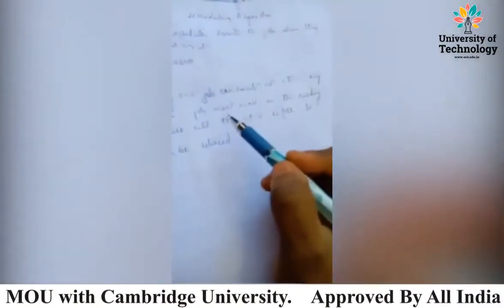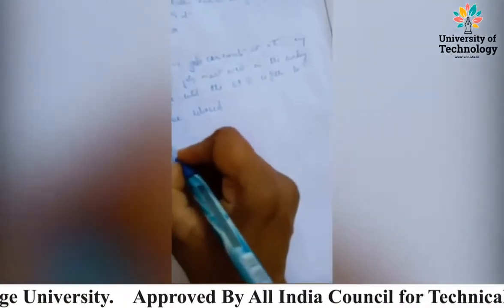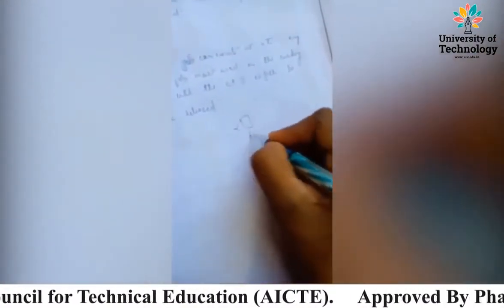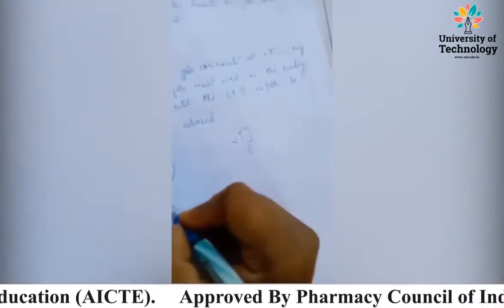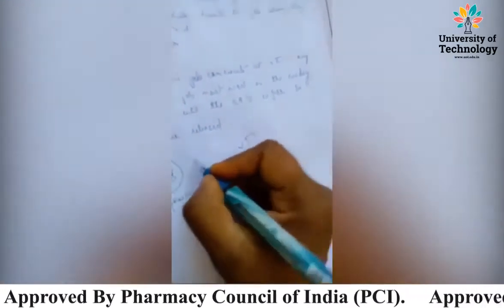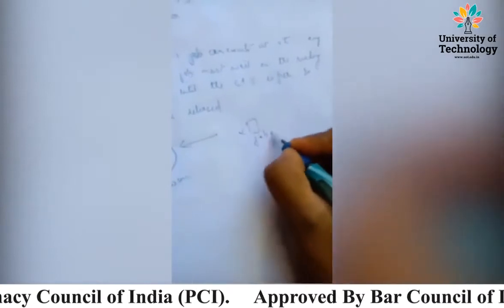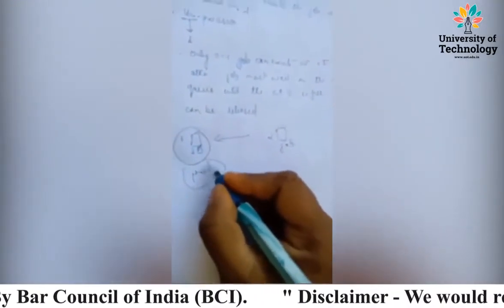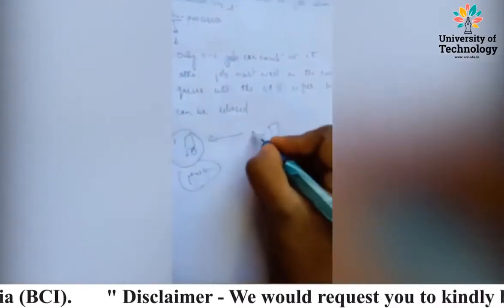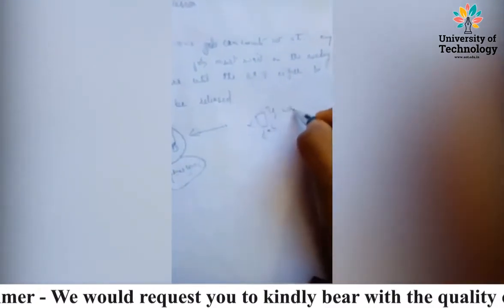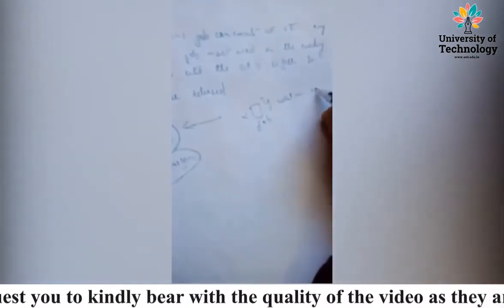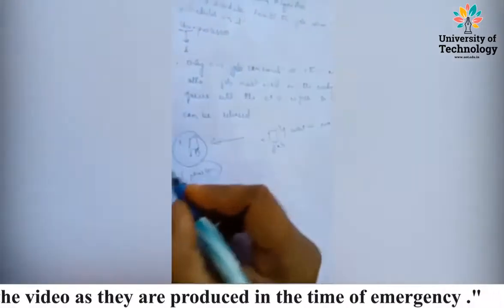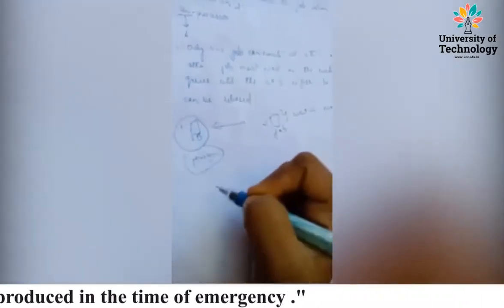Suppose this is job number 1 and this is job number 2. The first job is already running in the processor and the second job comes. Until the first job finishes, you cannot execute the second job. It has to wait in the ready queue until the first job gets processed.